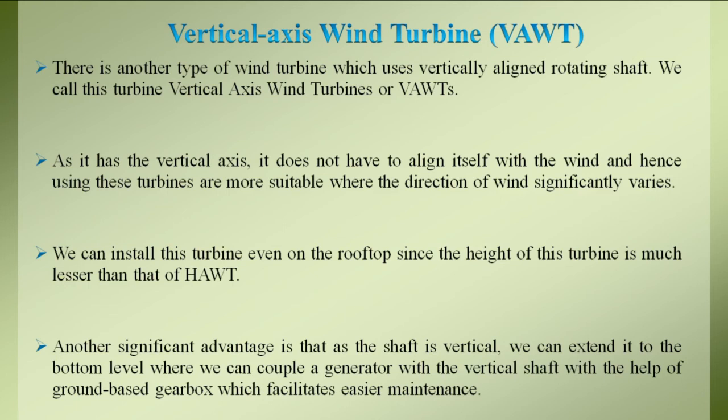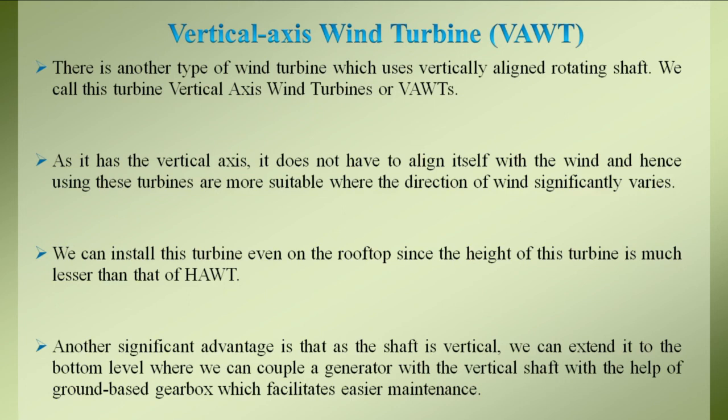As it has a vertical axis, it does not have to align itself with the wind, and hence these turbines are more suitable where the direction of the wind varies significantly. We can install this turbine even on a rooftop, since the height of the turbine is much lesser than the horizontal axis wind turbine. So most of the time, when we are not required to increase the tower height, we can prefer the vertical axis wind turbine.